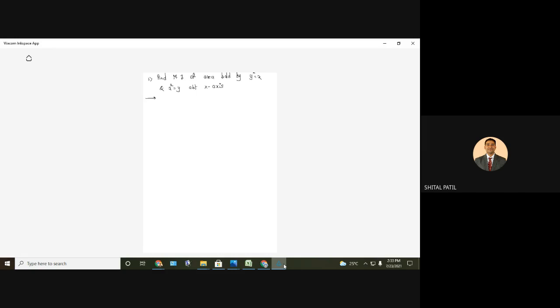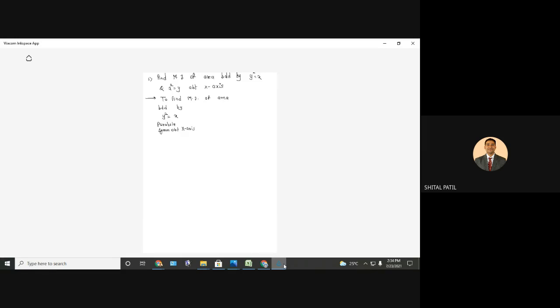Okay, so write down. To find MI of the area bounded by y square equal to x. What is this? Parabola, symmetric about the x axis since y square is there.